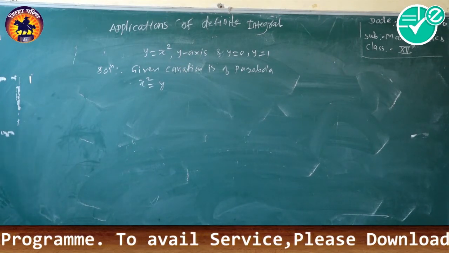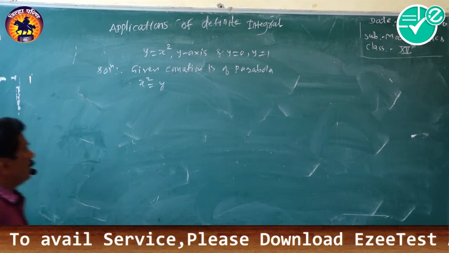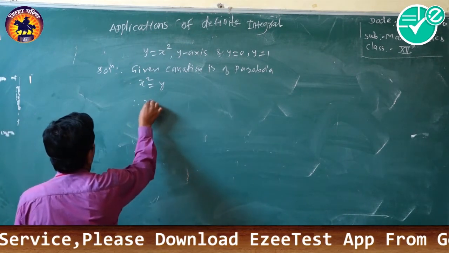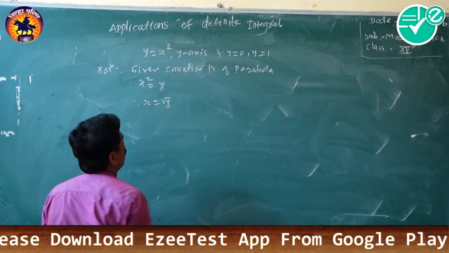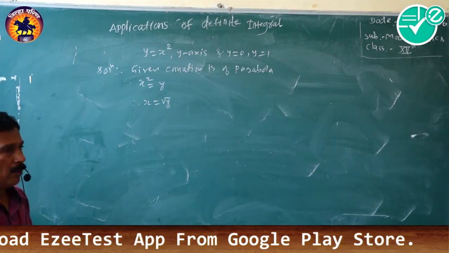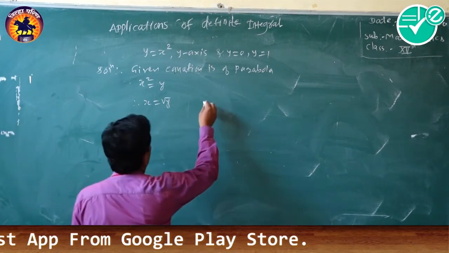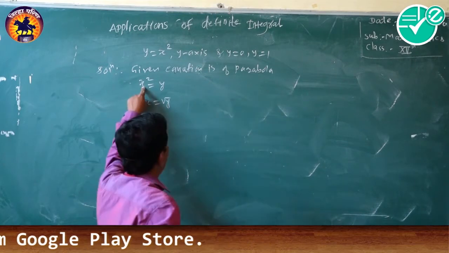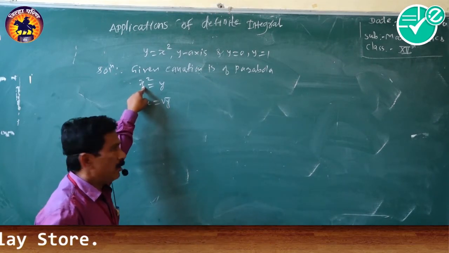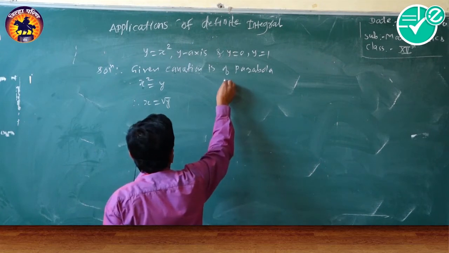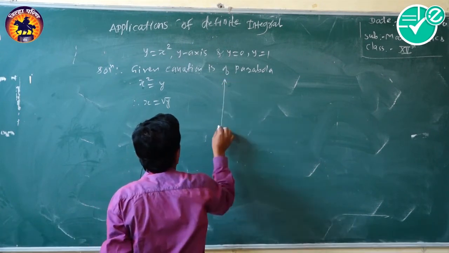Now this can be written as x is equal to root of y. We can plot this. Now here x square is even, therefore this parabola is symmetric about the y-axis.